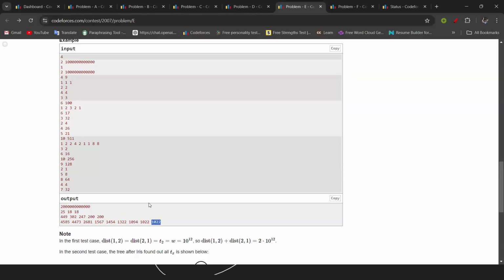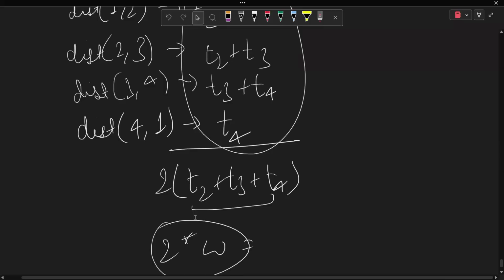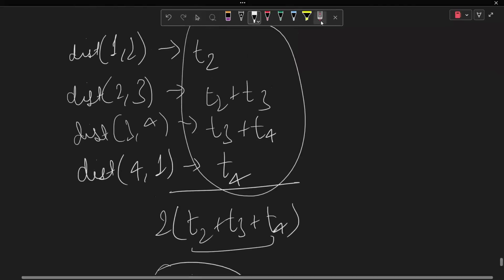Now, this final answer is not a problem. The problem is the initial answers. These initial answers are bigger than that, because here, when you're considering the distances, you are finding the maximum individually, not in an overall sense. So individually, you can have this T3 different and this T3 different.